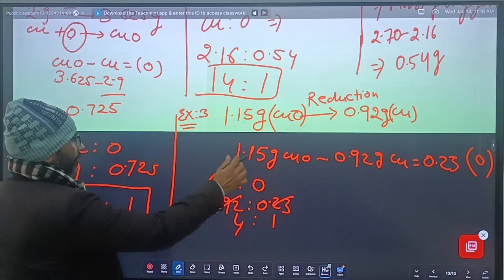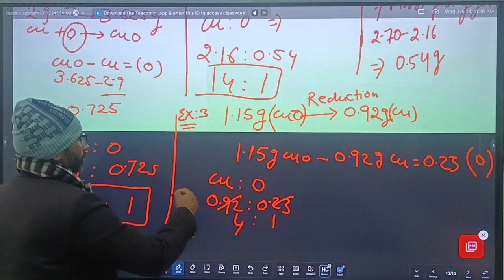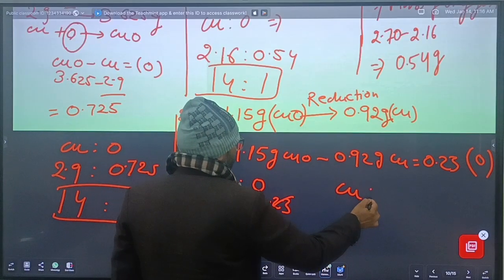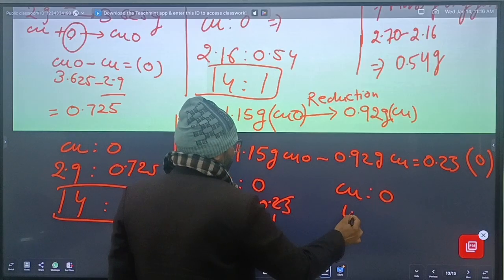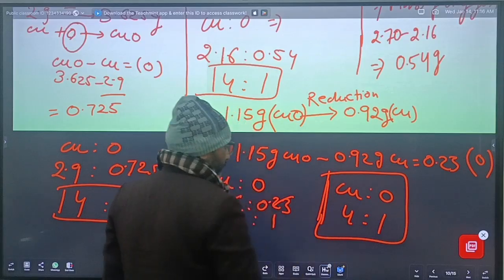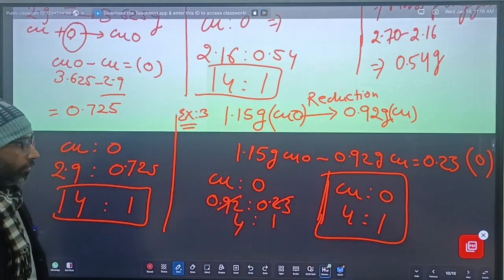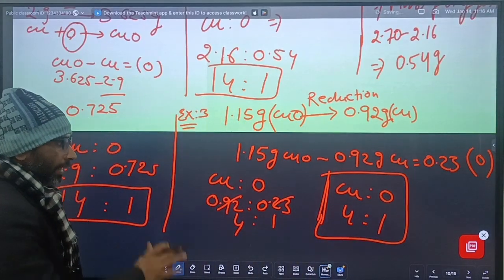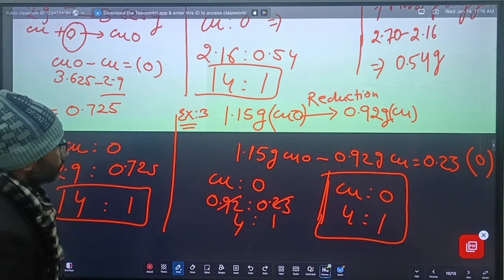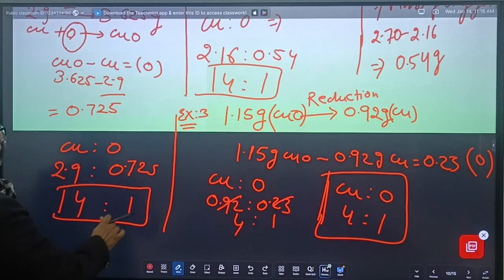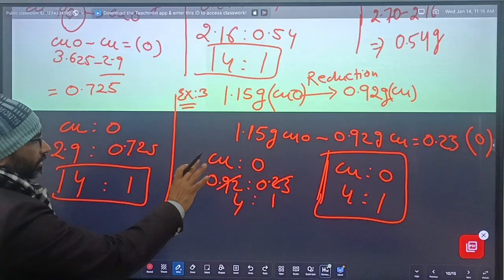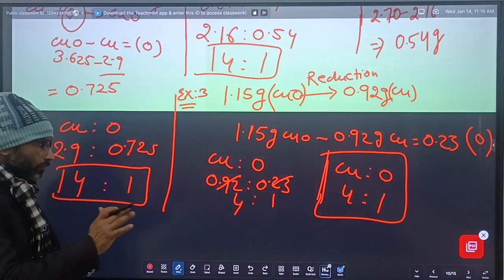So in every experiment, the mass ratio of copper to oxygen is found to be 4:1. It means you can prepare any compound from any experimental method or from nature. The elements are always found combined in a fixed ratio by mass. And this fixed ratio for water was 1:8.